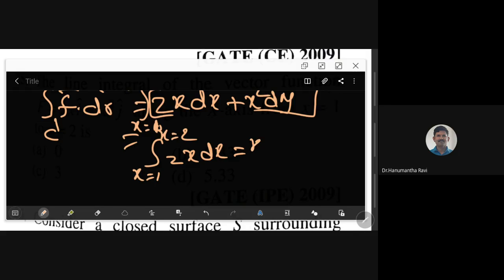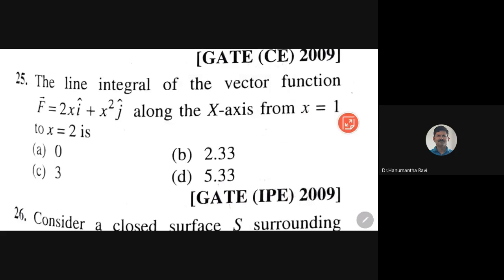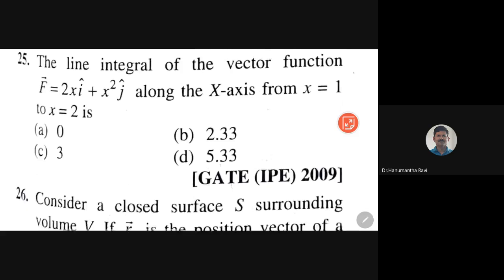So this is x square from x equal to 1 to x equal to 2. So we have 4 minus 1, it is 3. So 3 is the answer there. C is the answer there.